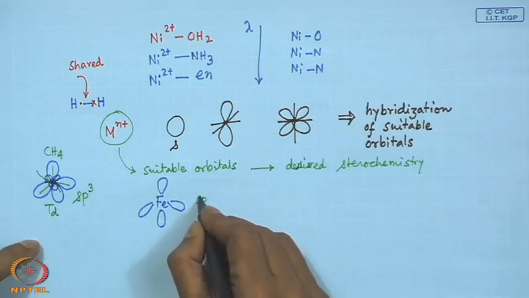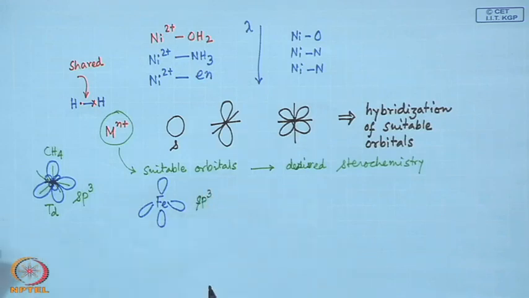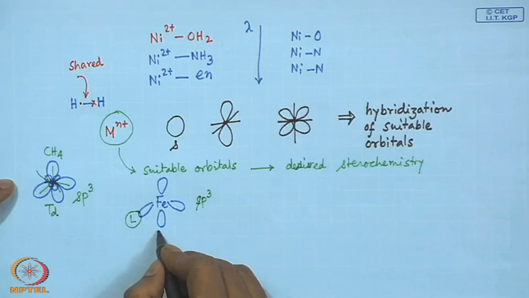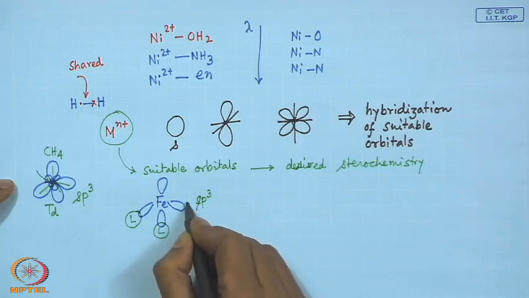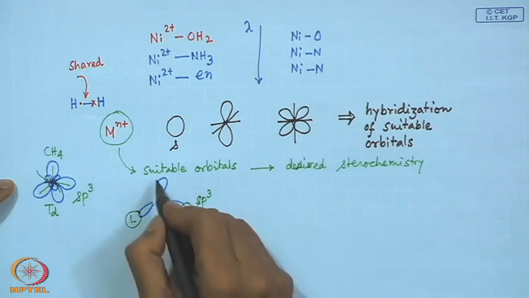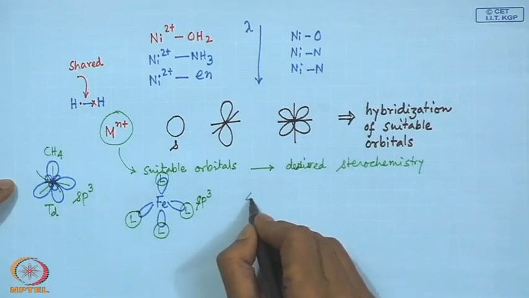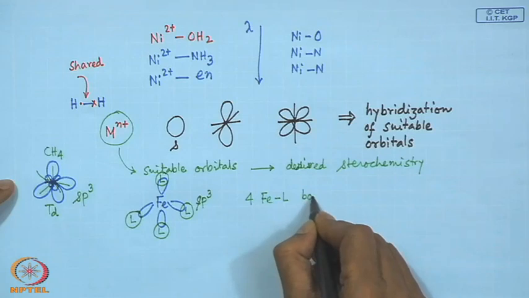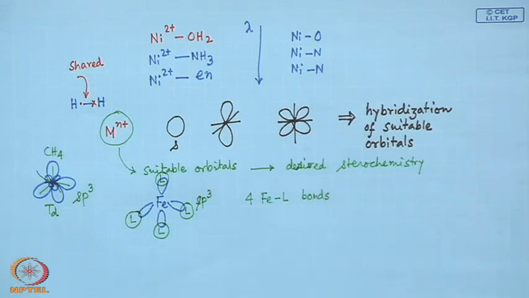If we get those hybridized orbitals in a similar fashion, the way we get the methane molecule, then the ligands with lone pair of electrons will come and overlap with these hybridized orbitals of the metal center, such that we can have 4 Fe-L bonds.